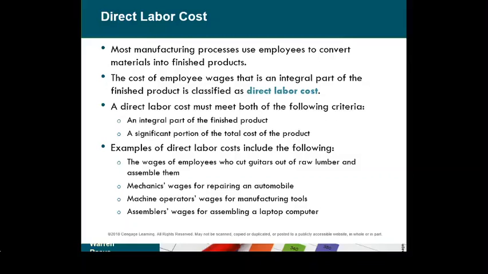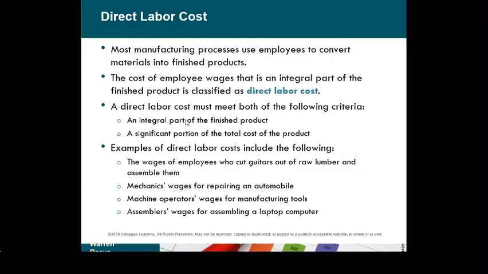But under direct labor cost, we consider a human being as an employee as our direct labor cost. So the cost of the employee is also an integral part to finish the product, because if you don't have anyone to convert your material from the wood just now to a guitar, you will not have a product.